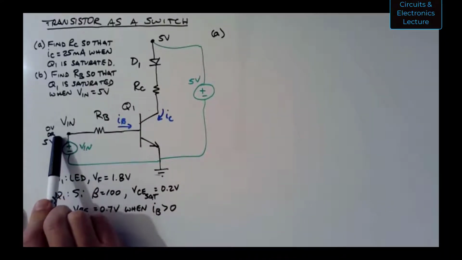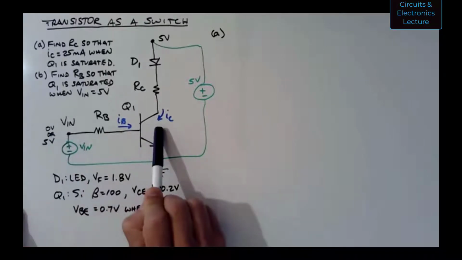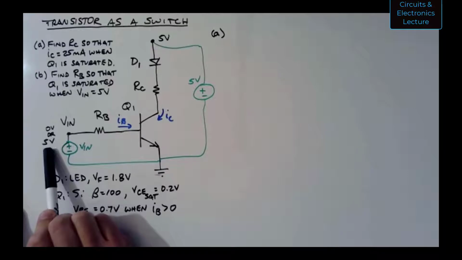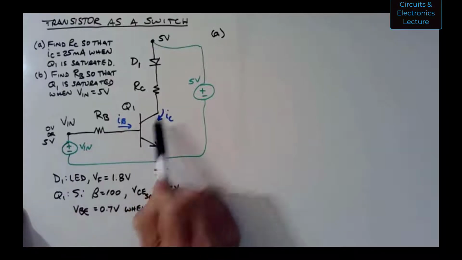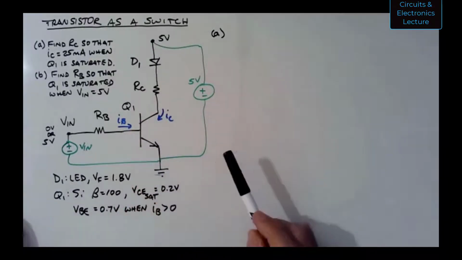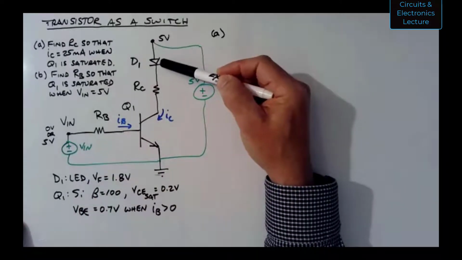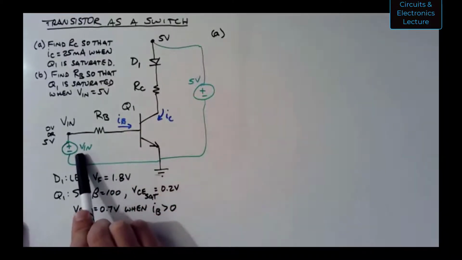So when the input voltage over here is 0 volts, the switch is off. No current is flowing. When the voltage over here is 5 volts, the switch is on. Current will flow through that LED. Well, so why don't I just connect Vin right to the LED? Well, I'm assuming a microcontroller could not output out of one of its pins 25 milliamps typically.